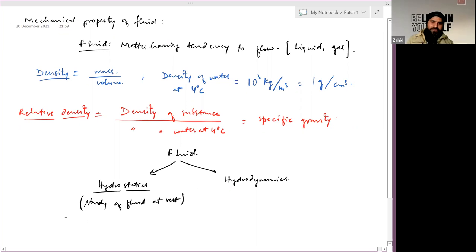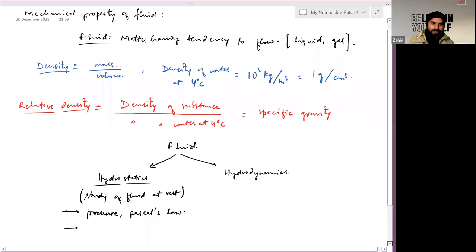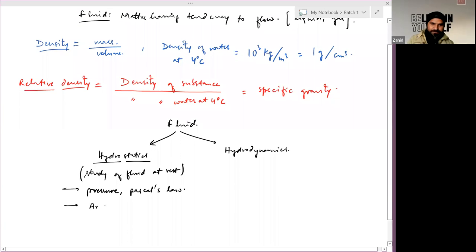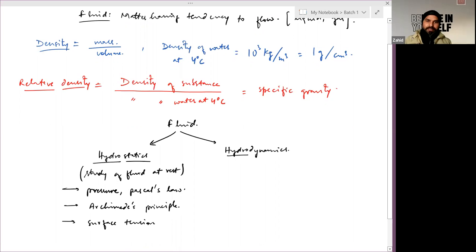In this part, first we define pressure due to liquid, Pascal's law and its various applications. Second is Archimedes principle. Third is surface tension. Similarly, hydrodynamics, the study of fluid in motion.